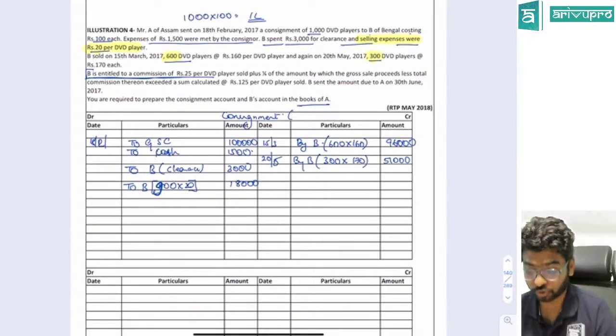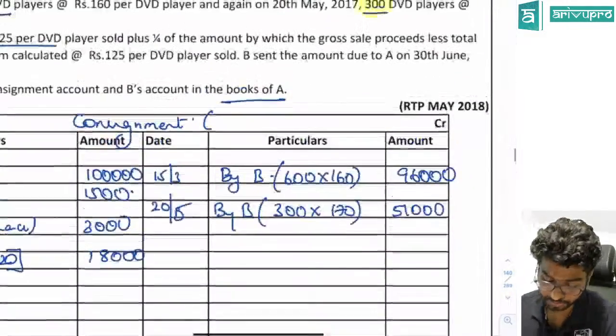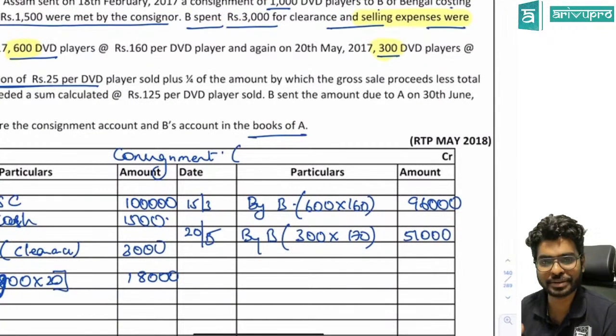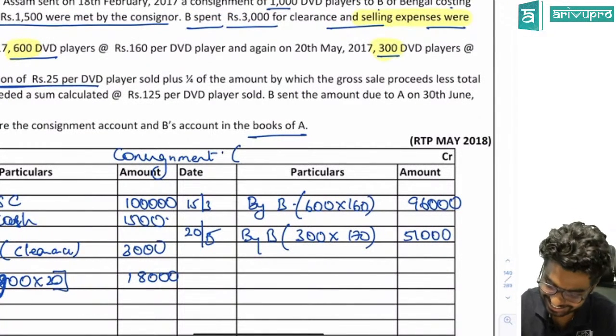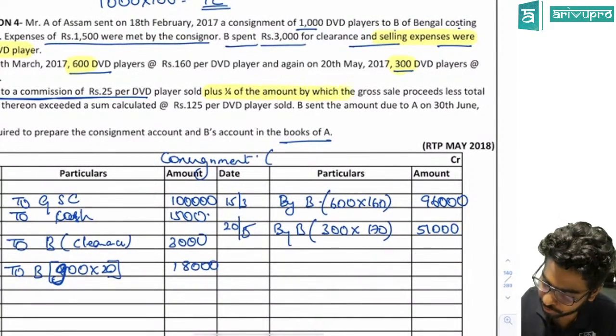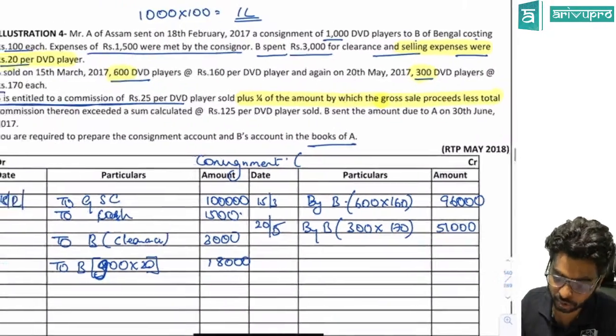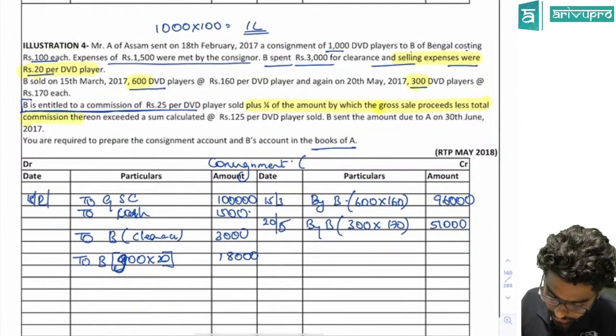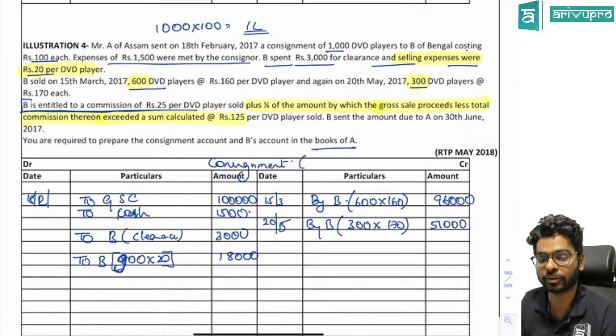Guys, now full on English. If you can understand, good, or I'll try making it easier. Plus 1/4 of the amount by which gross sale proceeds less total commission thereon exceed a sum calculated at 125 per unit.